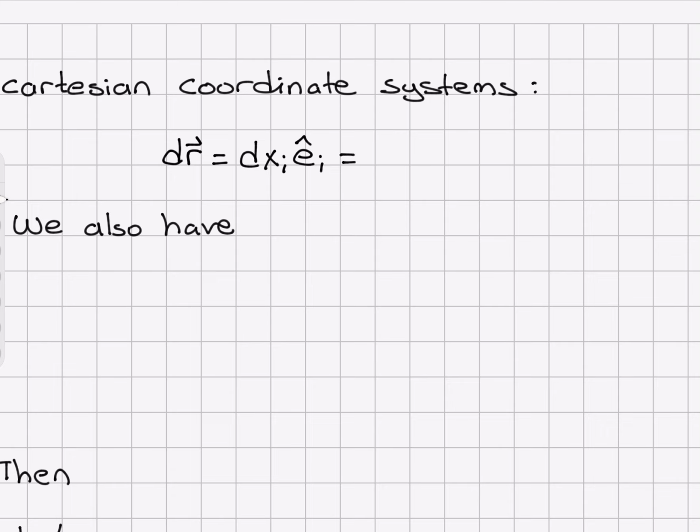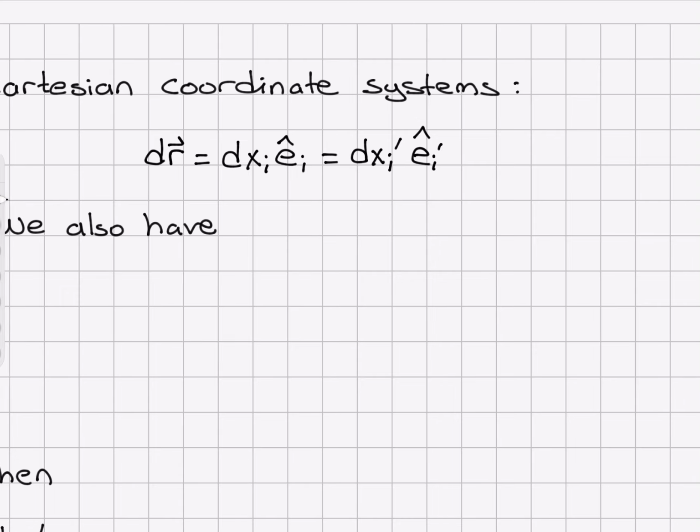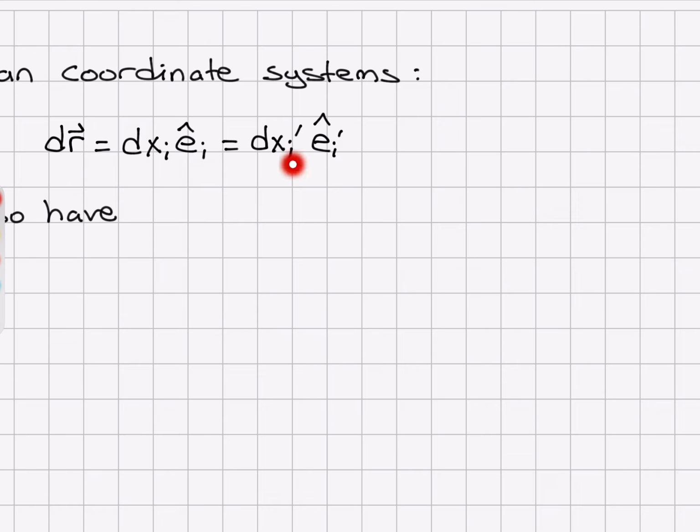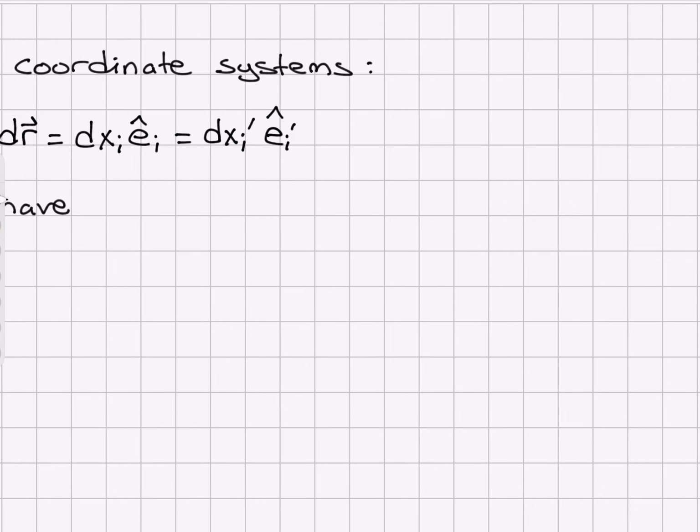And now we're moving to another Cartesian coordinate system, dxi prime ei prime hat. As with any vector that transforms between these two coordinate systems, I can write the primed components, dxi prime, by multiplying dxj with the transformation matrix elements aij and adding over j.